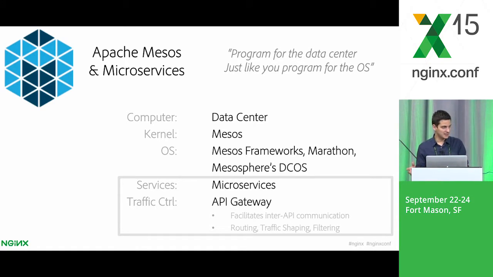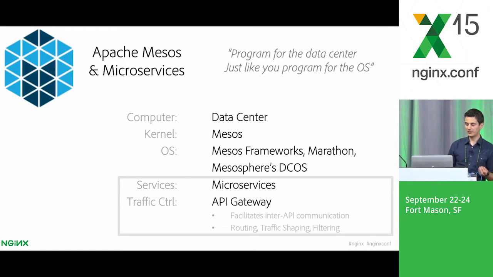So the data center is your computer, and on the computer we run services, right? In the cloud, those are microservices. On the computer, you have a kernel, and for today's talk, you can think of Mesos as the kernel with a star. I'm going to get back to that star. The operating system is whatever you use, like the Mesos frameworks or Marathon.